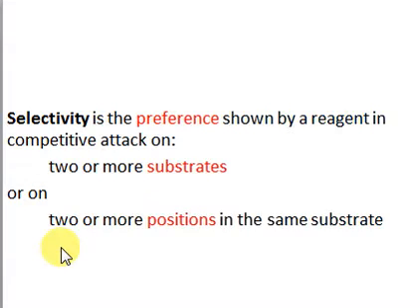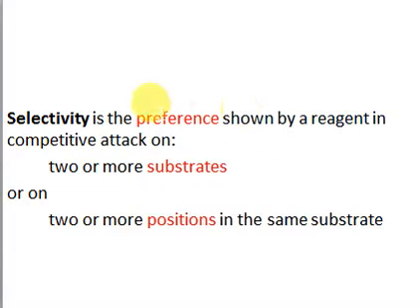For example, if you have two substrates available and a reagent is preferentially attacking one substrate over the other, it doesn't mean that the reagent is not attacking both substrates. It means that the reagent is attacking both substrates, but preferentially one, resulting in formation of one product in more amount and the other product in a lesser amount.